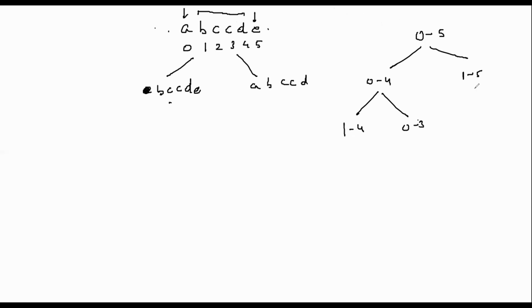Again, let's see this. If 1 and 5 are not matching, as you can see, 1 and 5 are not matching. So again, two possibilities. If I add the first character at the end, the problem left would be 2 to 5, or if I add the last character at the beginning, the problem left would be 1 to 4. So as you can see, this subproblem is the same as this, right?